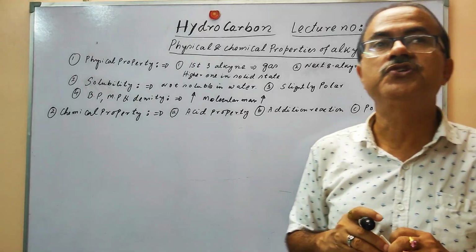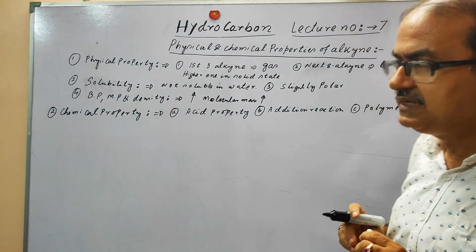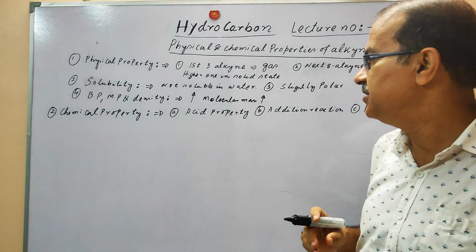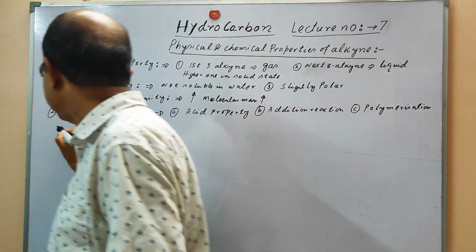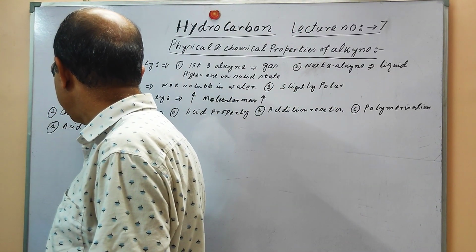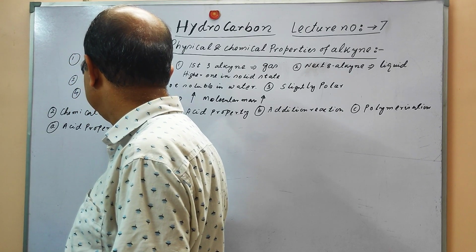It has a lot of usage, and in case of alkyne also you can see this type of trait, the physical and chemical properties of the alkyne. So first we are going to discuss the acid property of the alkyne.